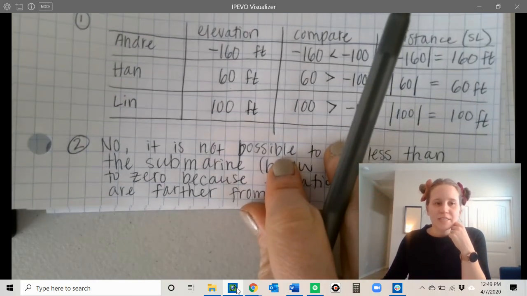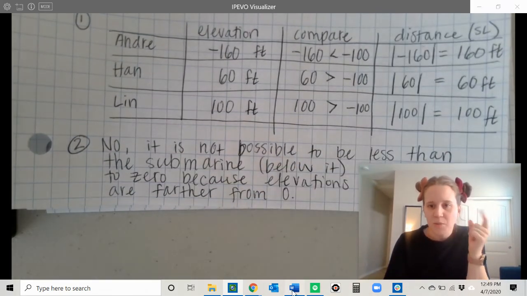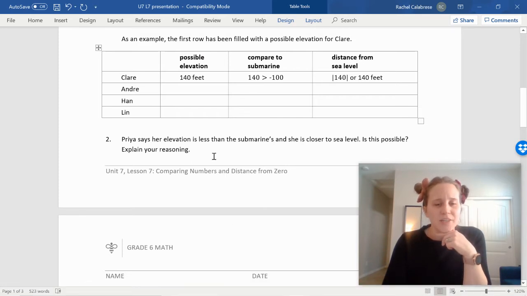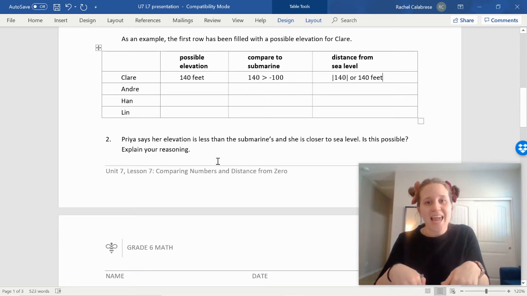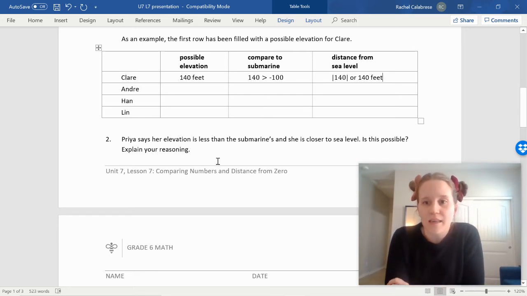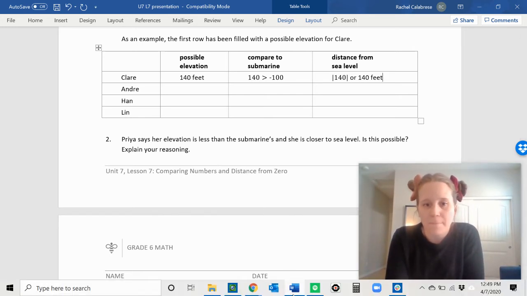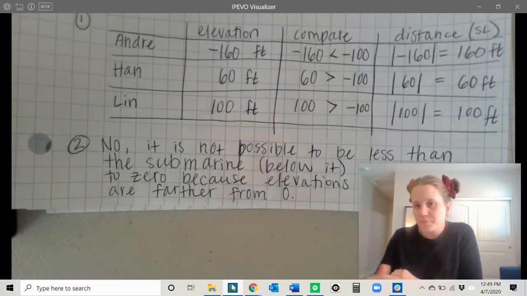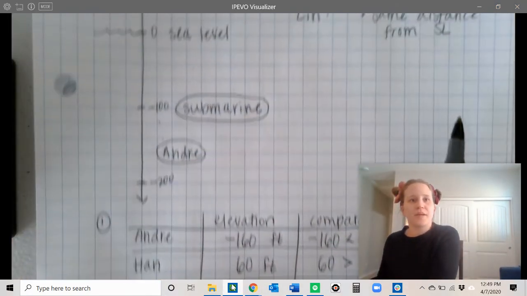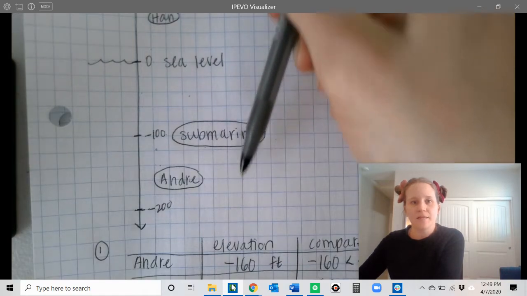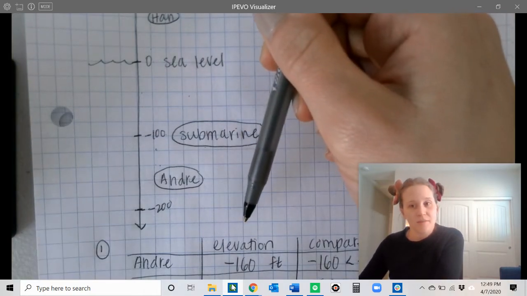Okay. Here's what I was thinking for number 2. I want to read the question one more time. Priya says her elevation is less than the submarine's, and she is closer to sea level. Is this possible? I want to look at my number line. Is it possible for Priya to be less than the submarine and closer to 0?